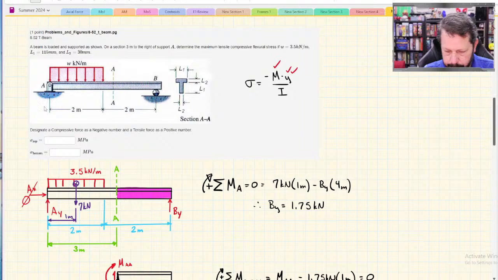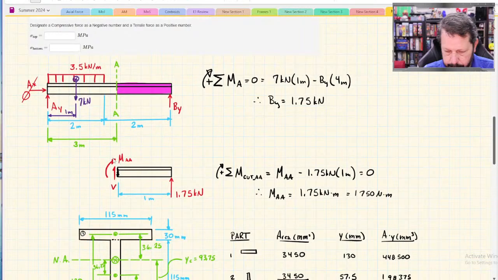So it's the bending moment, what I called MAA, the moment on section AA. That's what's causing the flexural stress. The forces, all the external forces, are creating the internal bending moment. So it doesn't matter all the external forces, well, they matter, but their direction doesn't dictate the plus or minus necessarily.